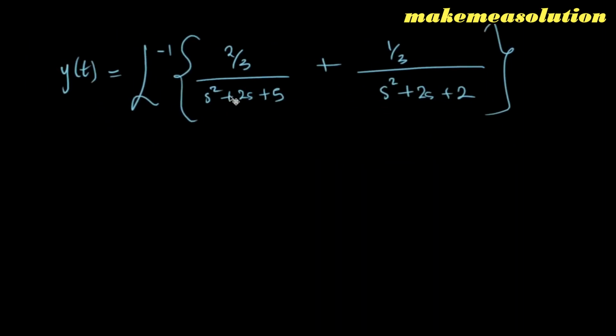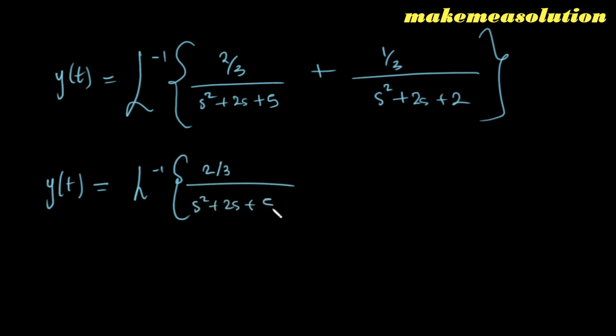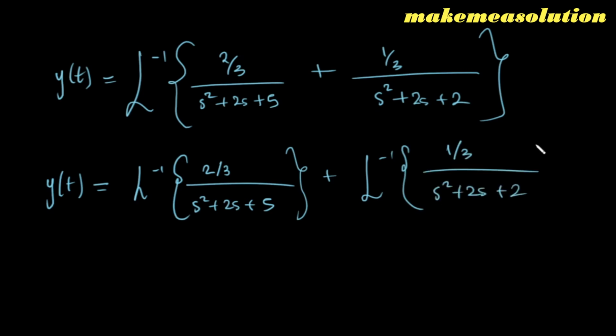So this is where we are now. We want to round up our problem. We now distribute the Laplace inverse because it also obeys the property of linearity. So you now have Laplace inverse of (2/3) divided by s squared plus 2s plus 5, plus Laplace inverse of 1/3, sorry, I'm rushing, over s squared plus 2s plus 2.